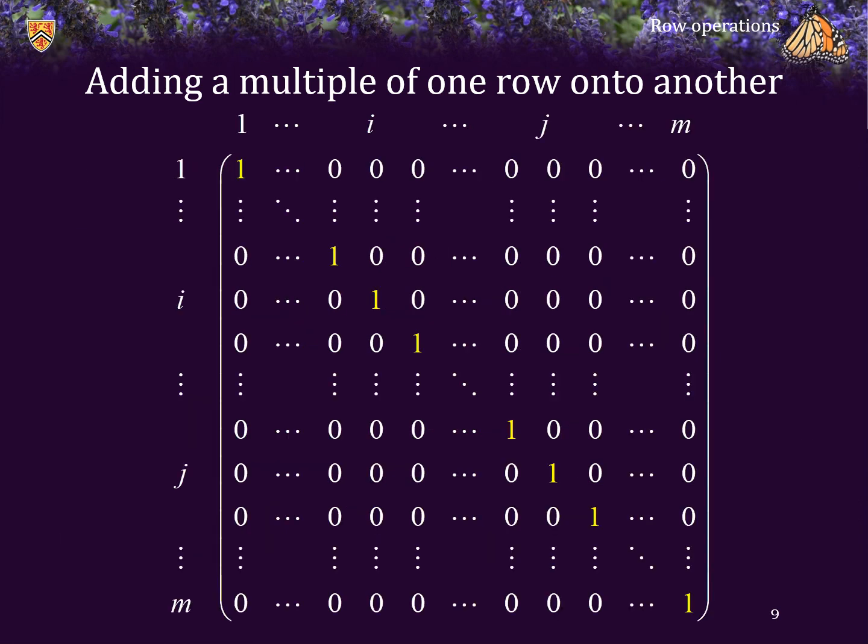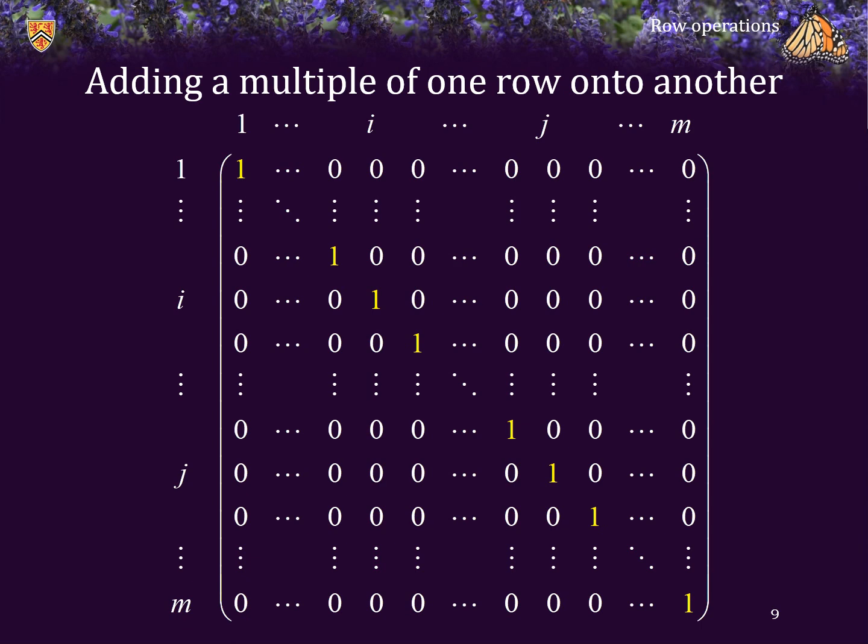So once again, to determine the matrix, let's take a look at the identity matrix. Well, this just maps the vector u onto the vector u. But when it comes to calculating the jth entry of u, what we want to do is add to u sub j alpha times the entry u sub i.